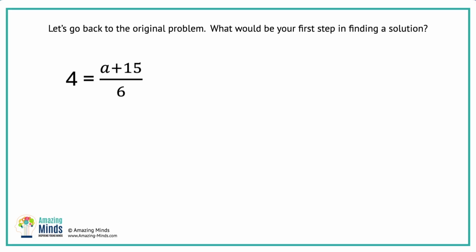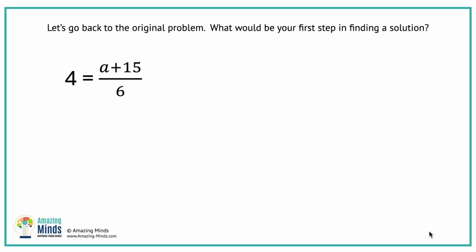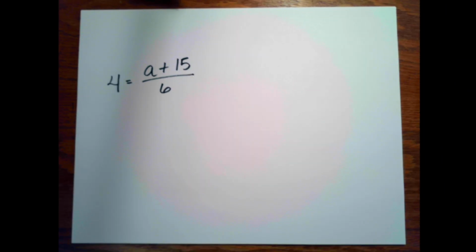Let's go back to the original problem. What would be your first step in finding a solution? And once we understand that when you take A plus 15 and you divide it into 6 equal parts, then one of those parts is equal to 4, it becomes much easier to represent using a visual model.